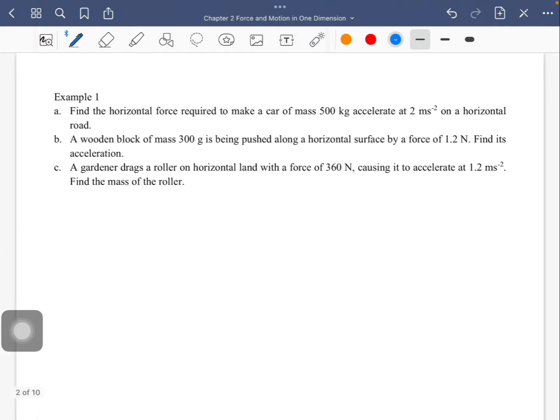So for the next page we have example 1, a very basic example where we have 3 questions. For example 1a, we have a case to find the horizontal force required to make a car of mass 500 kg accelerate at 2 meters per second squared on a horizontal road. I suggest that students sketch a force diagram.